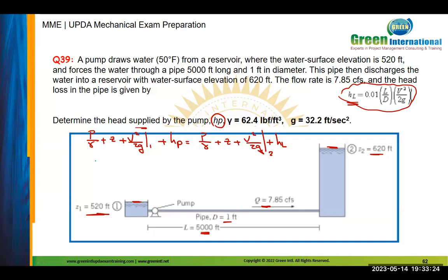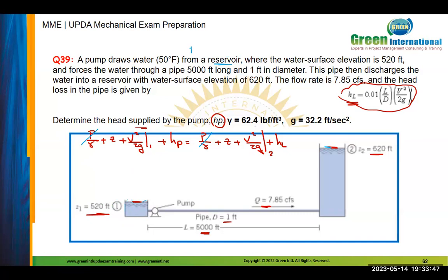Let's start. The pressure for 1 is open to atmospheric, correct? So the pressure here for the surface is atmospheric. If you check the other side, it is also open to atmospheric, so atmospheric cancels the same value. Next, this is what we call a reservoir. For a reservoir, it has an assumption.